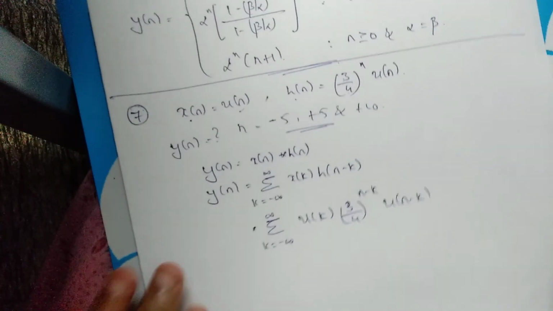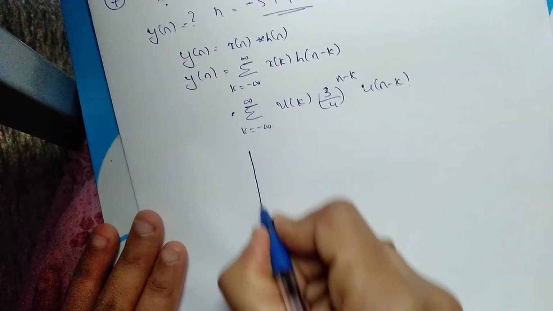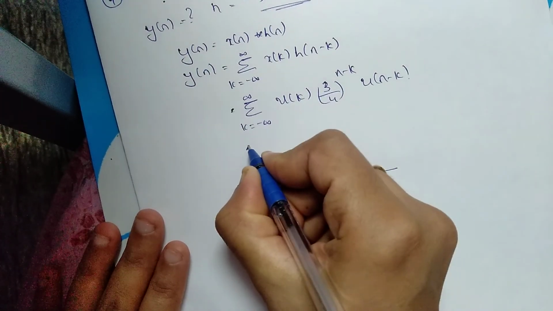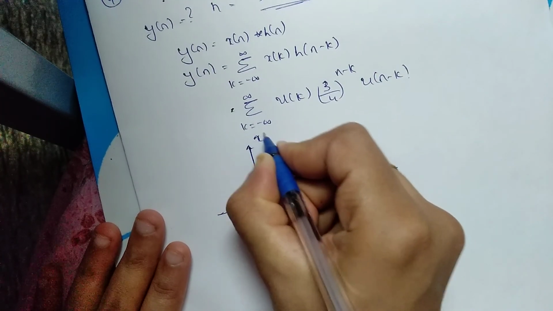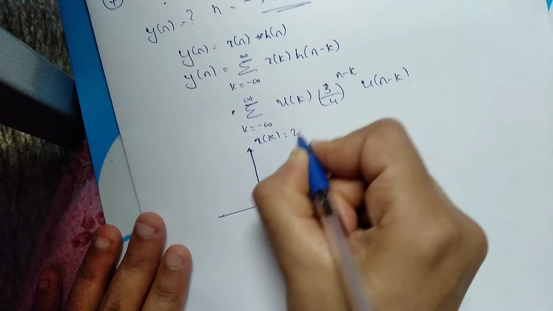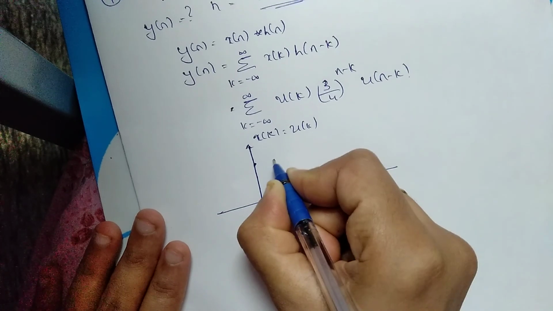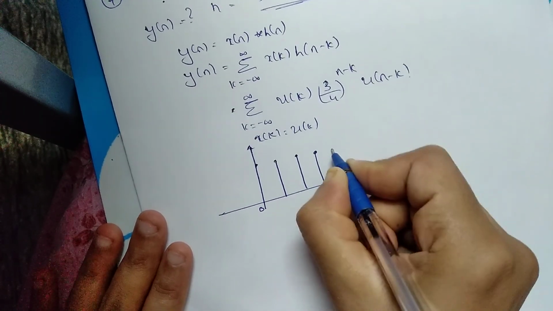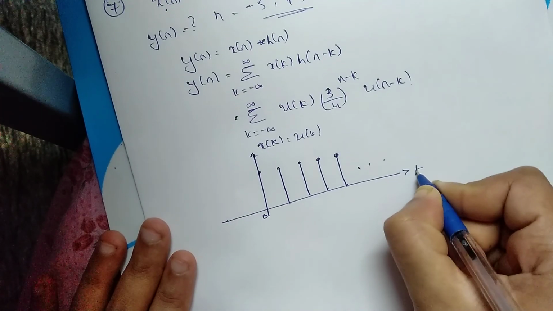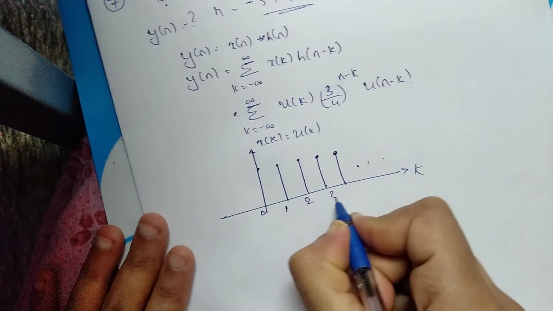How can we plot this? This is x of k, that is u of k. It starts from 0 and goes up to infinity as k increases. This is 1, 2, 3 and 4.